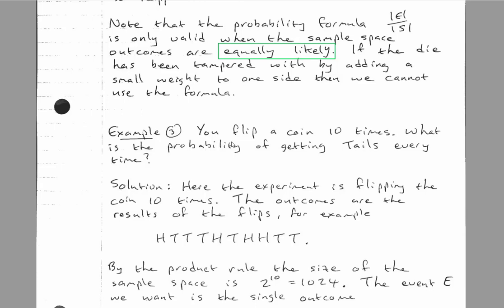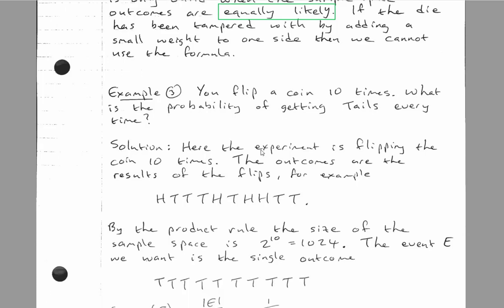Okay, example 3. You flip a coin 10 times. What is the probability of getting tails every time? So we're tossing a coin. It has to come up heads or tails.